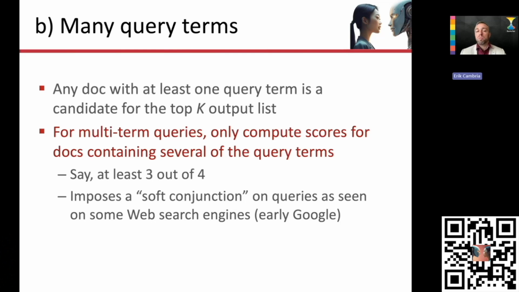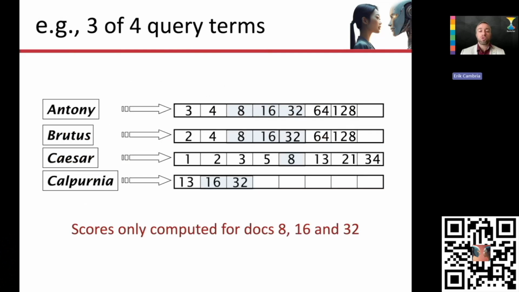So what does it mean? If I have multiple word queries, I only look at the documents that contain at least a few of these terms. So in a situation like this here, let's say that the query is Antony, Brutus, Caesar, Calpurnia, then I only calculate the TF-IDF score between Q and documents 8, 16, and 32.